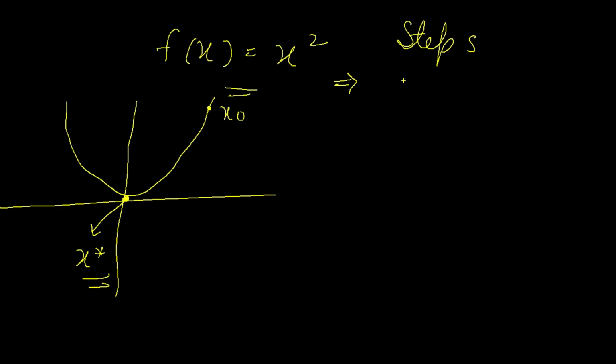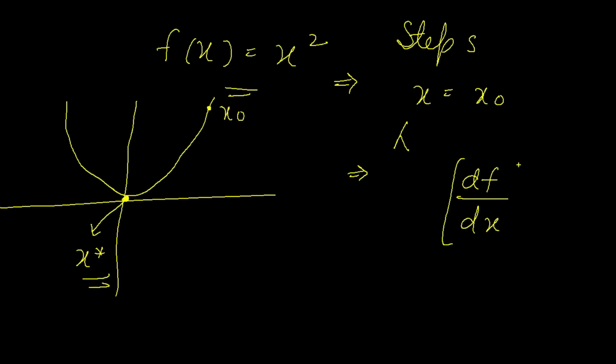We pick x naught from this function, and then we take a learning rate such as lambda and then calculate d of f upon d of x at x naught and multiply it with lambda.